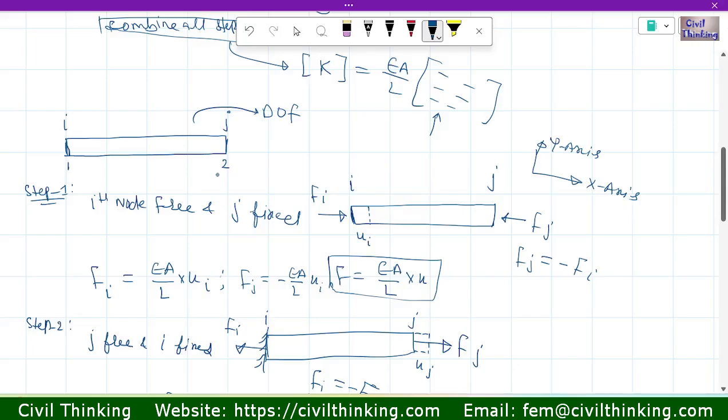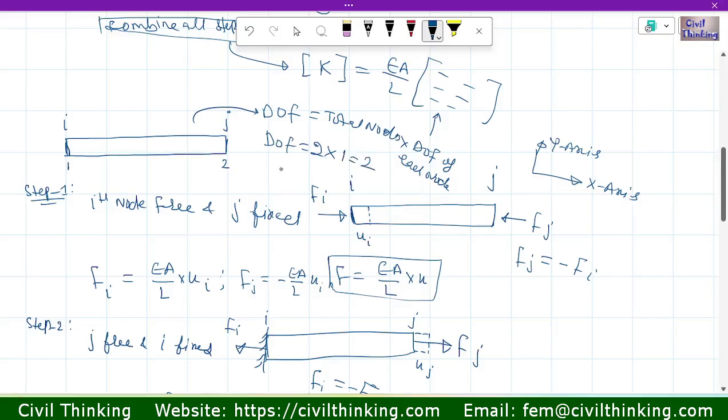Total nodes times degree of freedom of each node. Total nodes are 2, and degree of freedom of each node is 1. Why only 1? Because in 1D it can only move along one axis, right? So 2 times 1 is 2.